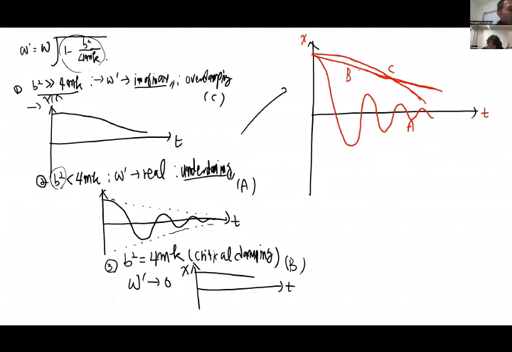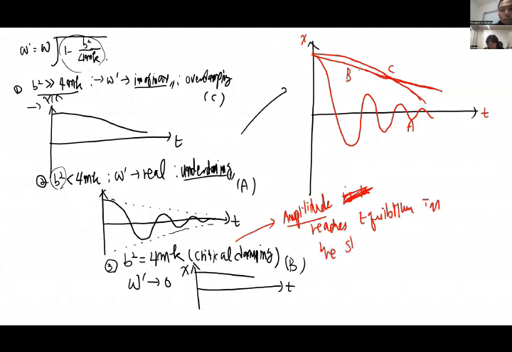So in this case, the critical damping, the amplitude reaches equilibrium in the shortest time. So it quickly comes down to rest without any oscillation.